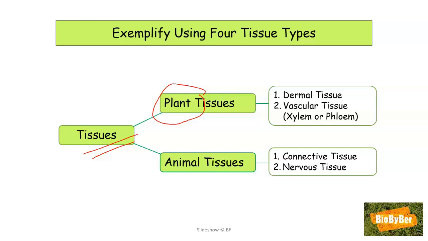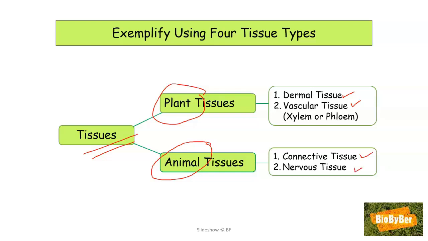In this case, we're going to talk about dermal tissue and vascular tissue, and we have to exemplify or explain or illustrate the definition of a tissue using 2 examples of animal tissues. And in this case, we will use the example of connective tissue and nervous tissue.